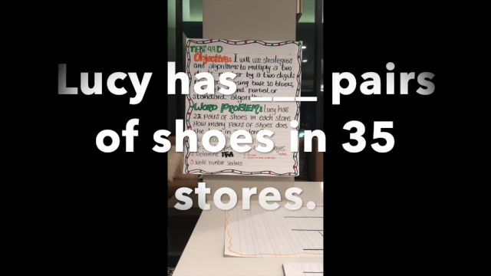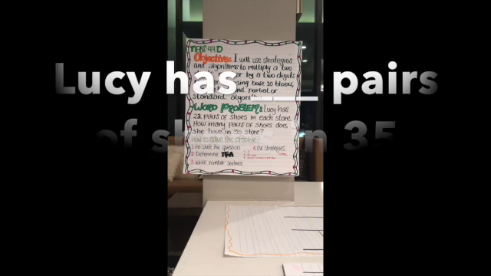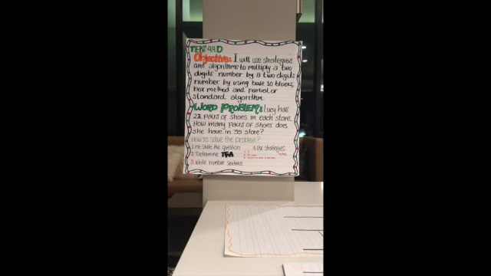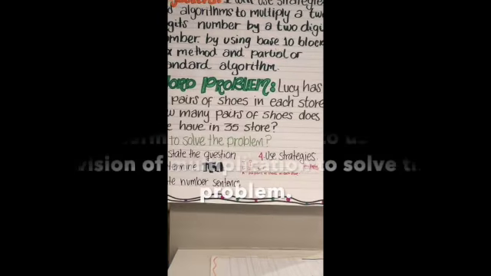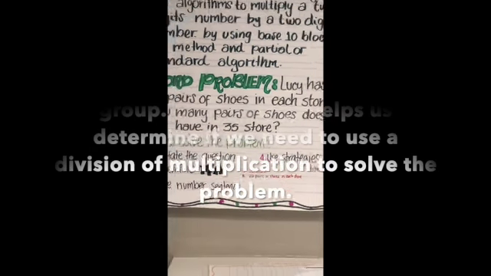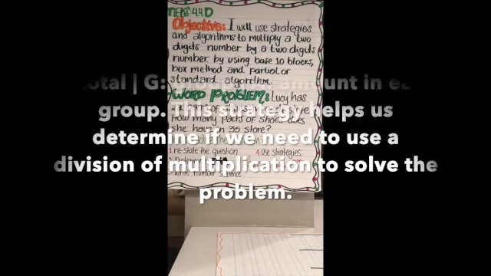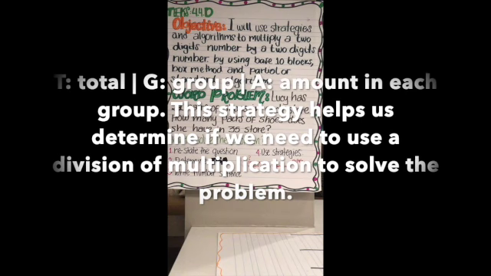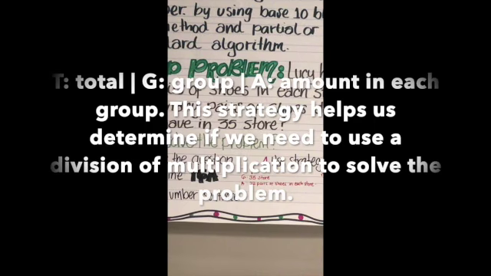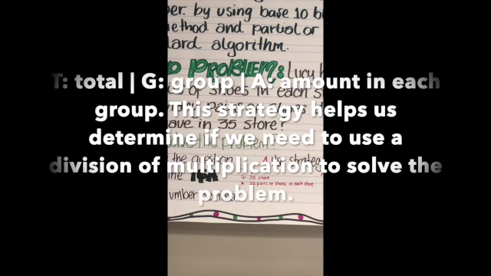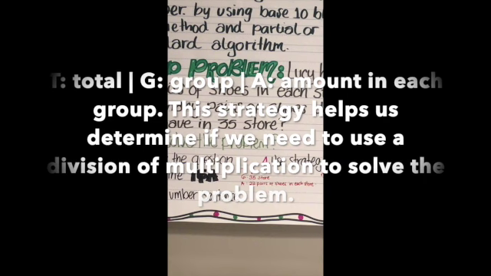Okay, so once we have restated the question, we are going to determine the TGA. The TGA allows us to know if this problem requires a multiplication or a division. Whenever we have to find the total, that means we need to find the product of the equation, which lets us know we need to do a multiplication.